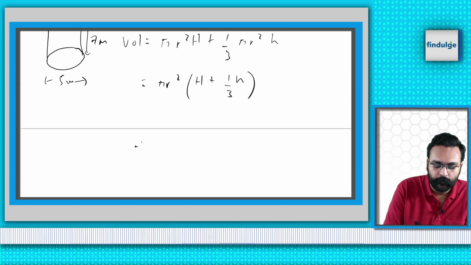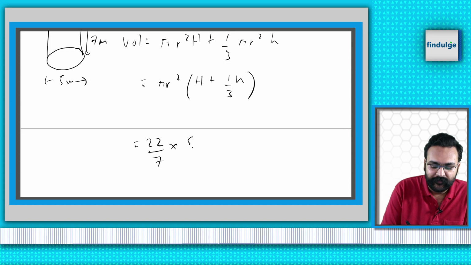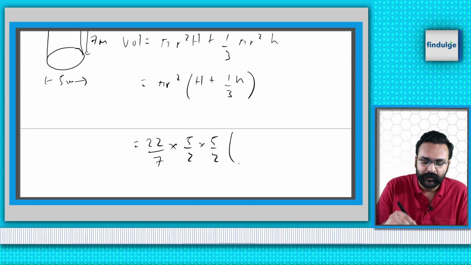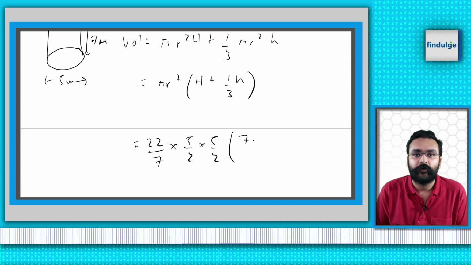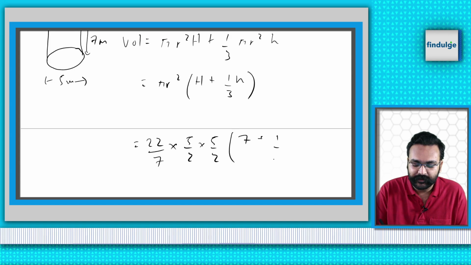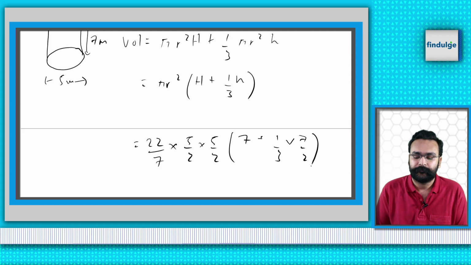This would be equal to 22 by 7 into 5 by 2 into 5 by 2, because radius was 5 by 2, into height of the cylinder 7 plus height of the cone into 1 by 3. So 1 by 3 into 7 by 2.